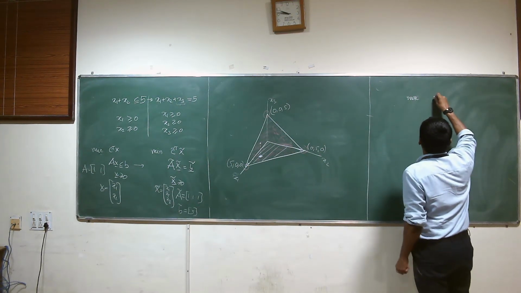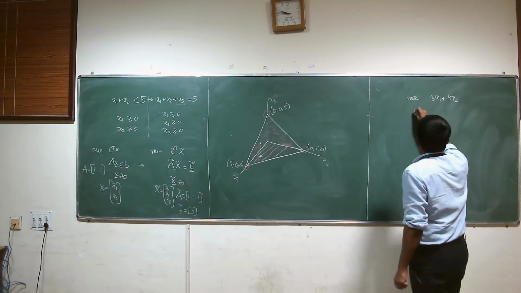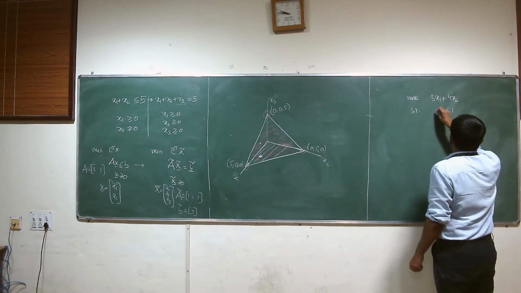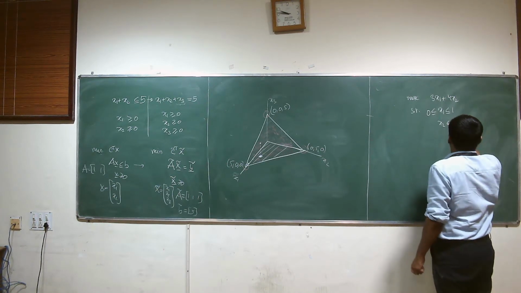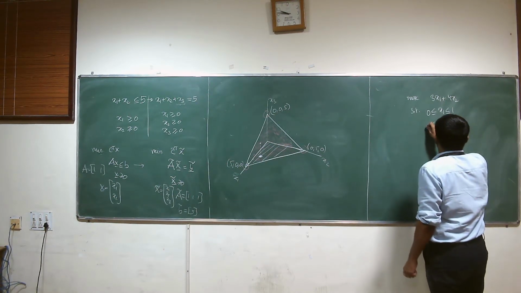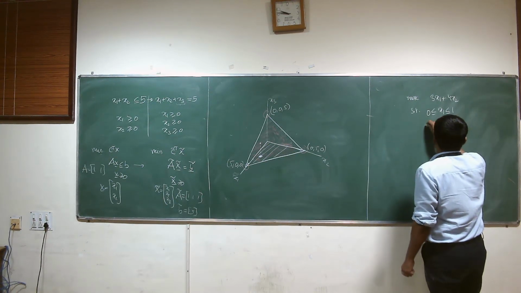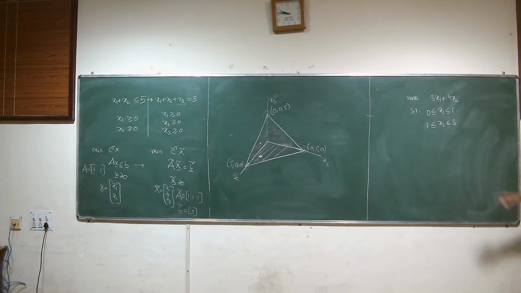Maximize. This is all we have. How do we get this into the standard form?